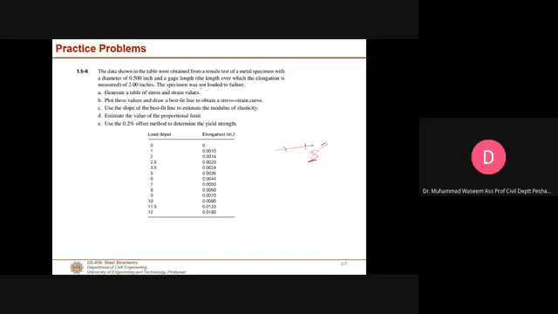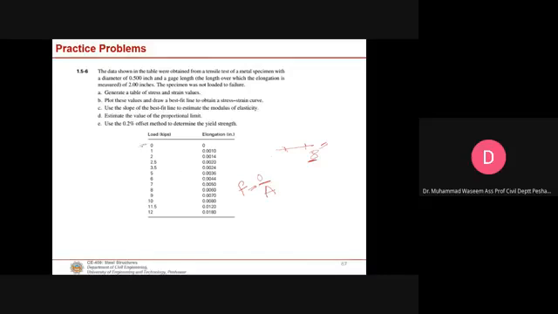The specimen was not loaded to failure. Now you have to generate a table for stress and strain. The load is given, the elongation is given. The cross-sectional area is 0.5 inches. So you can very easily calculate stress by the load divided by the cross-sectional area.